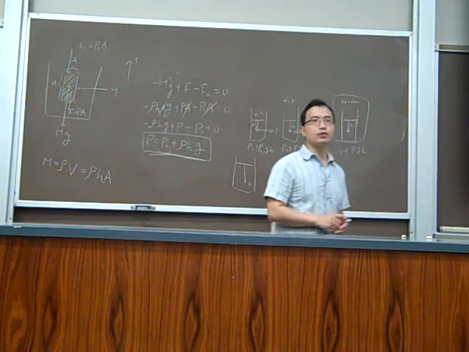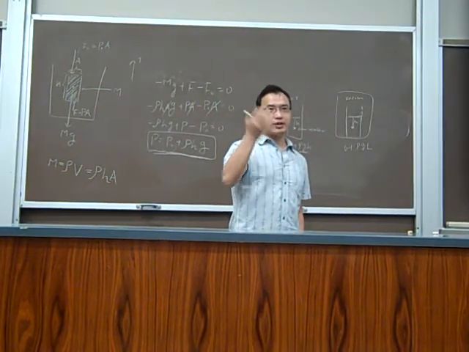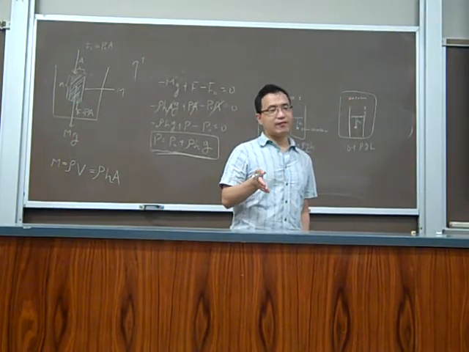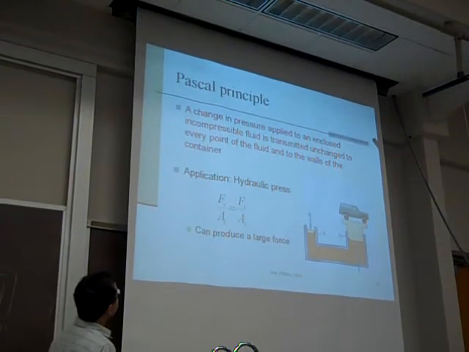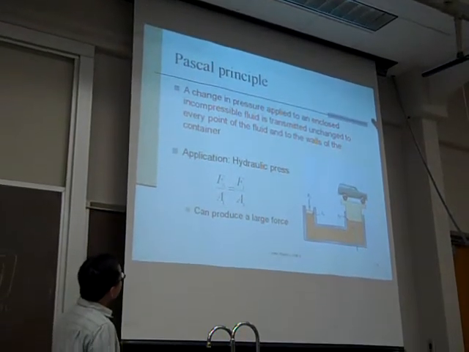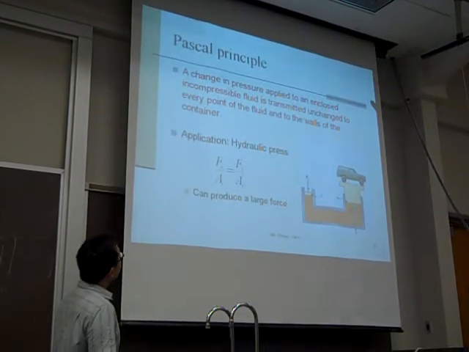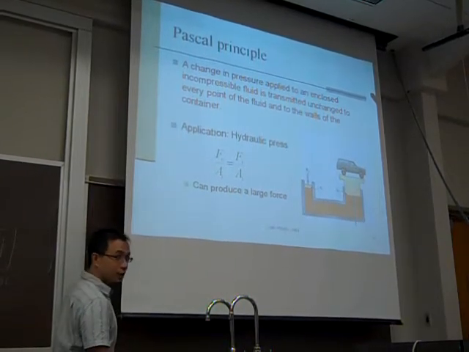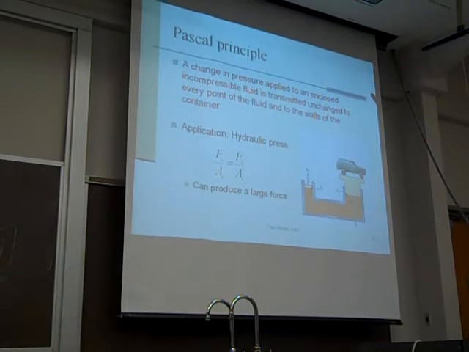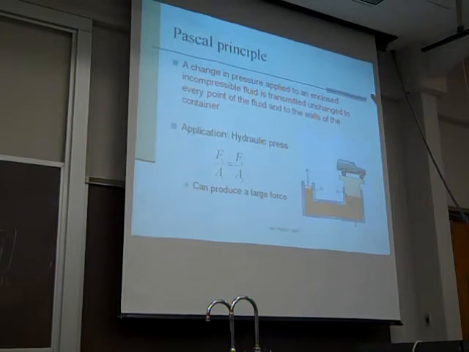So for the fluid, gas and liquid are actually different: one can be compressed, another cannot. So in an enclosed, incompressible fluid, the change is transmitted unchanged to every point of the fluid and to the walls of the container. So the pressure can be transmitted with the same value.